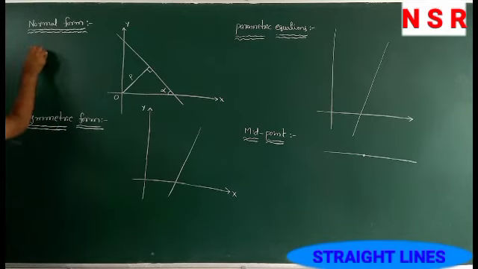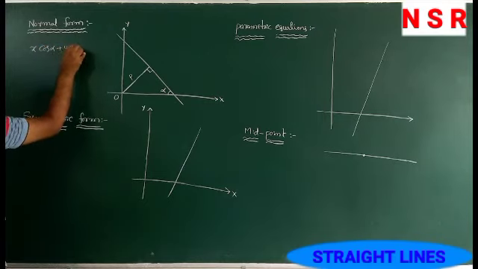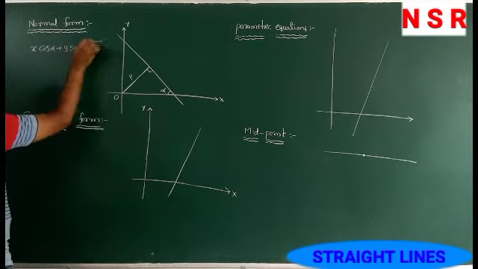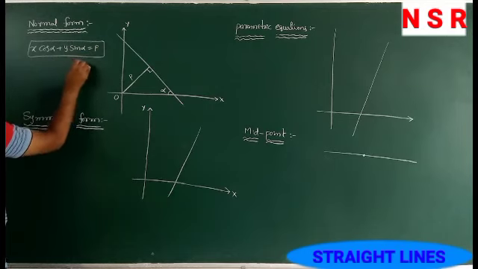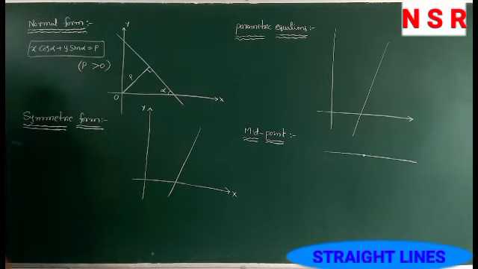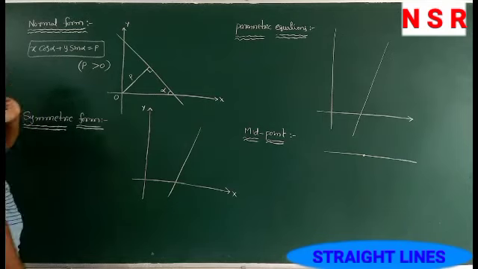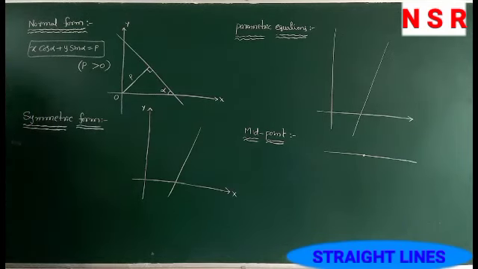Normal form is x cos alpha plus y sin alpha equals p. Here p is always positive, remember it, p is always greater than 0. Why? Because it is a distance, and distance is always positive.